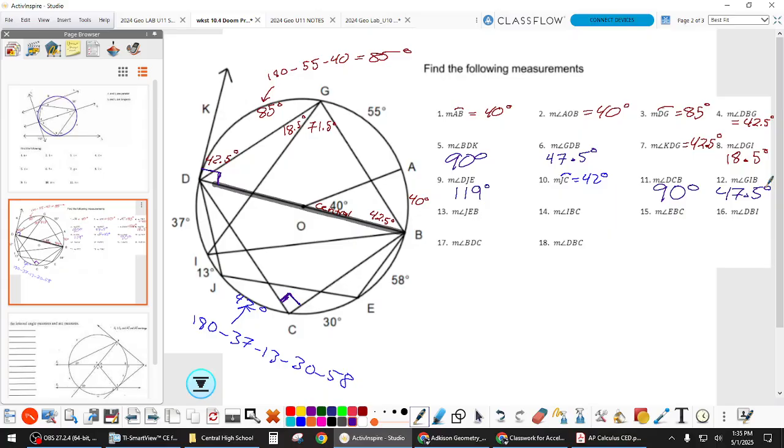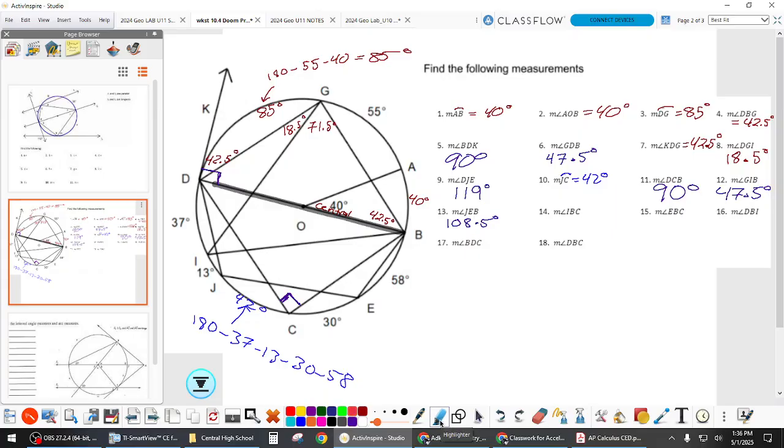JEB. Same situation. It intercepts that whole arc. Inscribed to 180 plus 37. So 217. Yeah. And then split it in half. Which is what? Good.